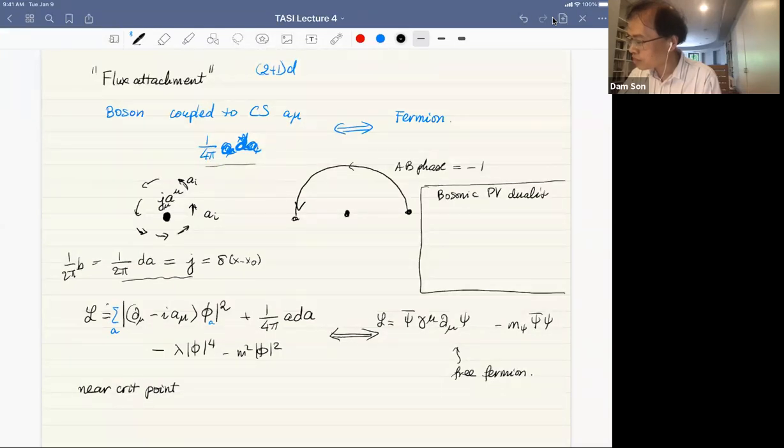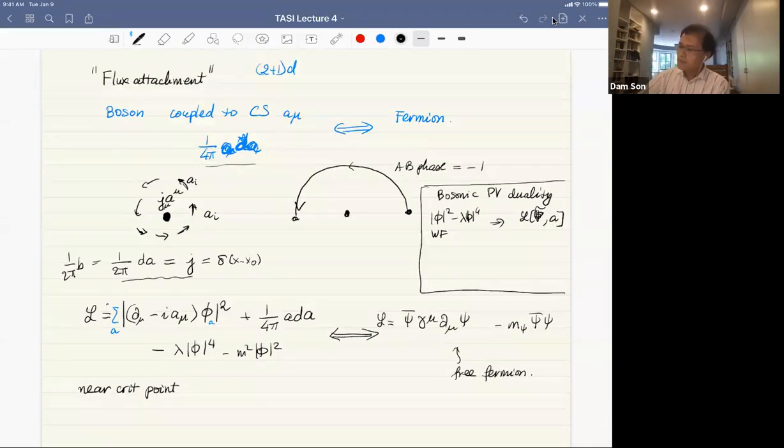This bosonic particle-vortex duality maps a scalar Wilson-Fisher field theory, basically scalar field theory, to a scalar coupled with a gauge field. Now, here, for a long time, there was a question whether that theory exists.